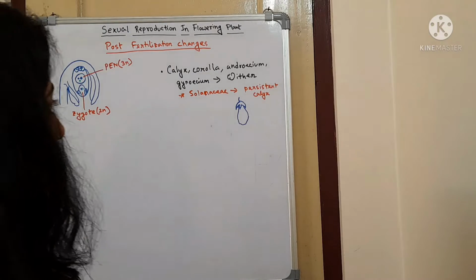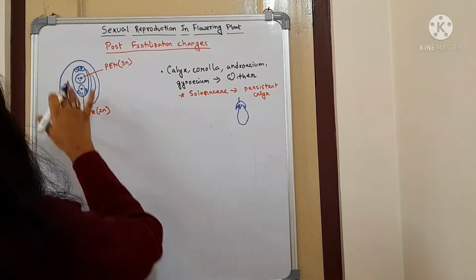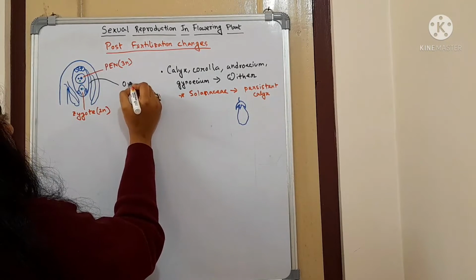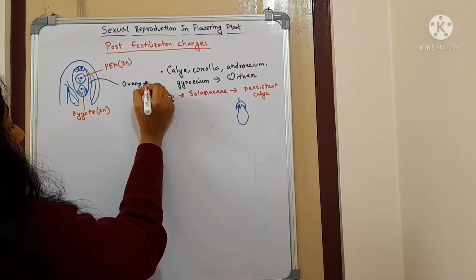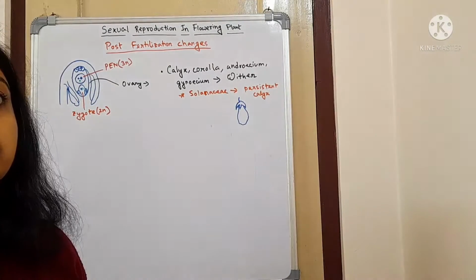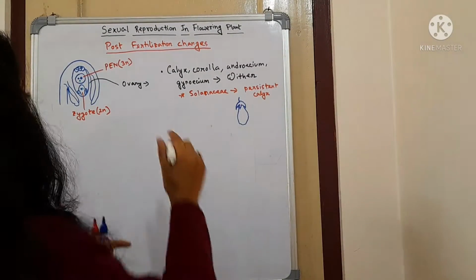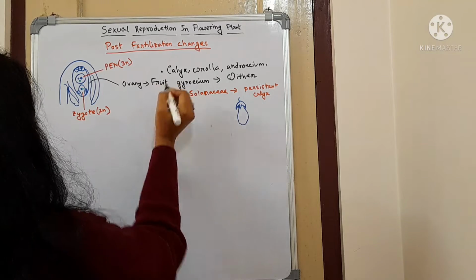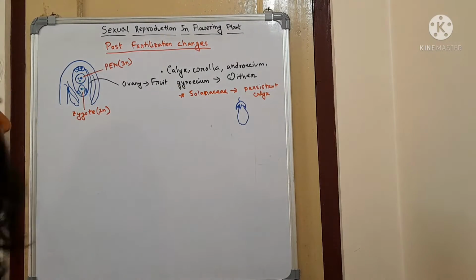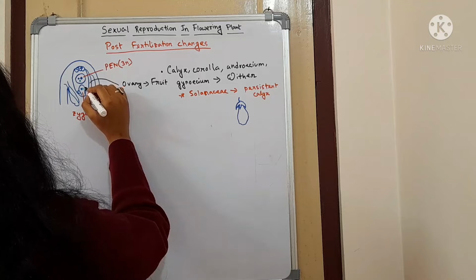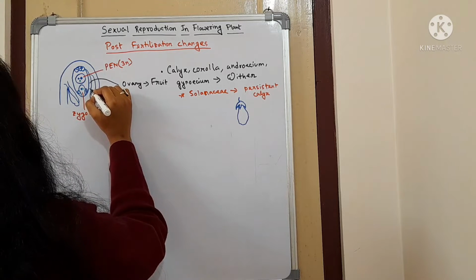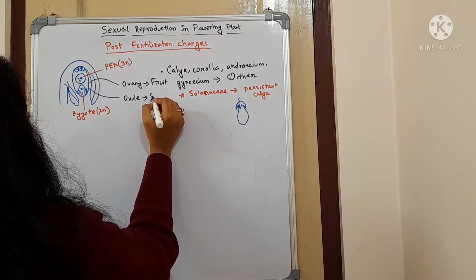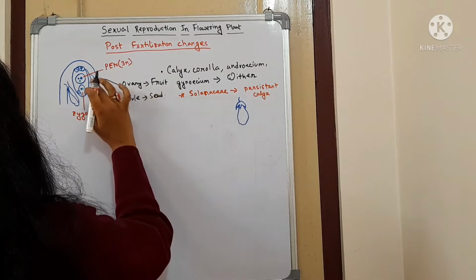Next conversion: the ovary will get converted into ovule. So we can say that the ovary will be converted into fruit, not ovule, sorry. The ovule will be converted into seed.